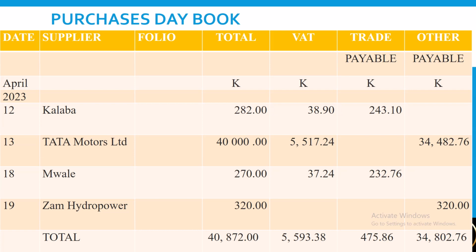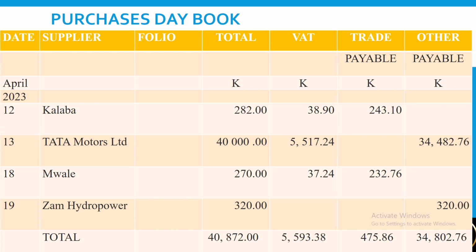You are going to obtain the value added tax included in the 40,000 kwacha as 5,517 kwacha 24 ngwe. So you remove that value added tax amount from the gross amount 40,000.